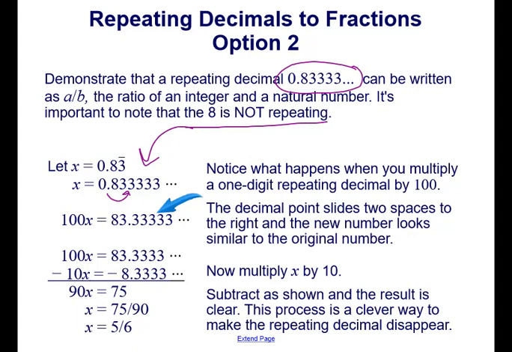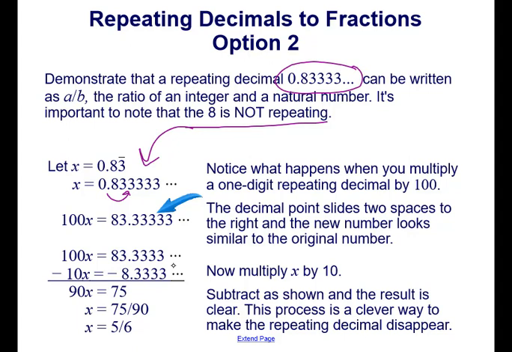So now we have 100x equals 83.33333 repeating. If we now multiply x by 10, because we have to multiply that variable by 10 to show, again, we're trying to show a way to get rid of the repeating decimals, and if we multiply just by x, we're going to end up with still some repeating decimals.